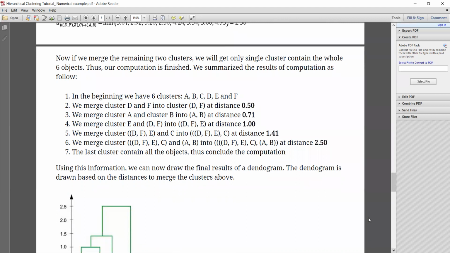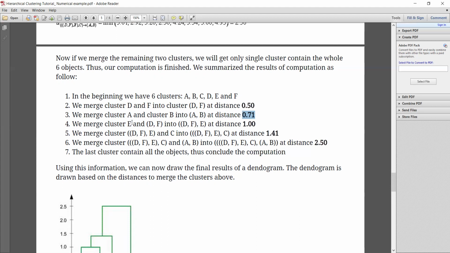We summarize the result of computation here. In the beginning, we had the 6 clusters A, B, C, D, E, F. We merged clusters D and F into the cluster DF at distance 0.50. Then in the third iteration, we merged cluster A with B at distance 0.71.